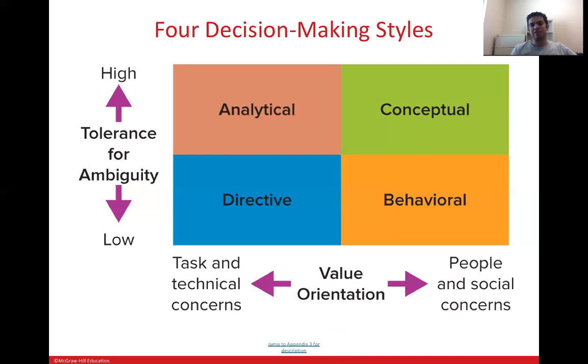On the other hand, there are people who have a value orientation of people and social concerns. They are more concerned with others. So with a conceptual type of decision making, these people involve others in long-term thinking. These could also be people who are higher up in the hierarchy, more suited for this type of thinking because they involve others in the decision making.